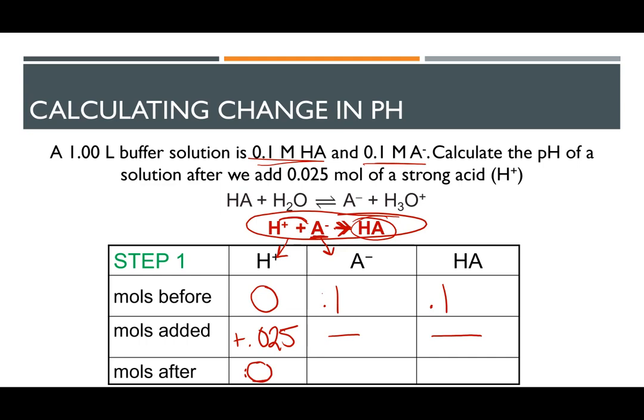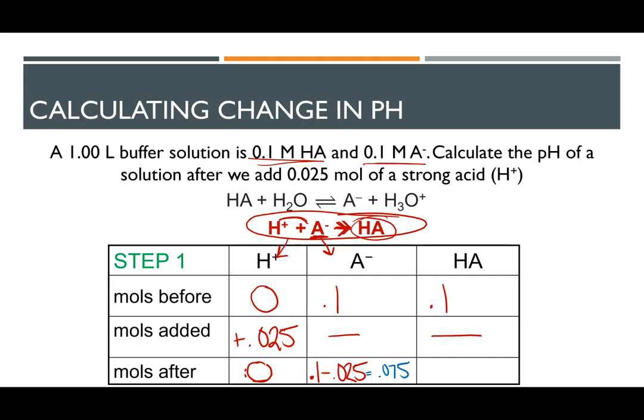So what that tells me is it's going to require 0.025 moles of the conjugate base to be used up. So after, we're going to have the 0.1 that we started with minus the 0.025 that we used. So the number of moles of our conjugate base that we're going to be left with is just simply going to be 0.075.